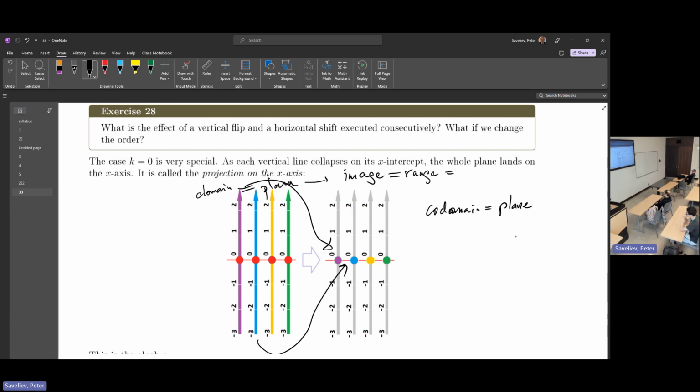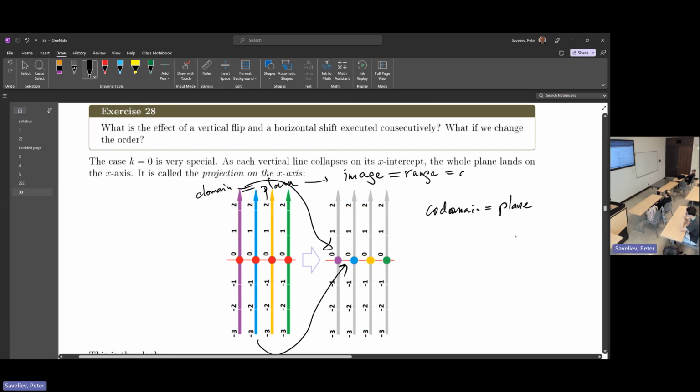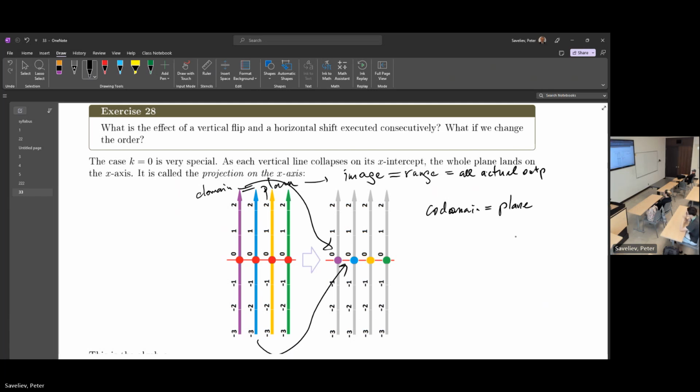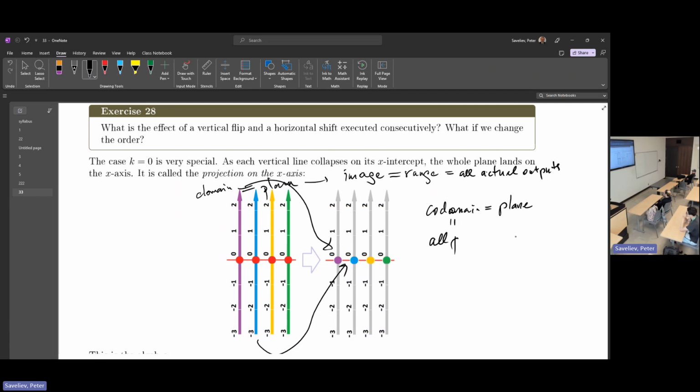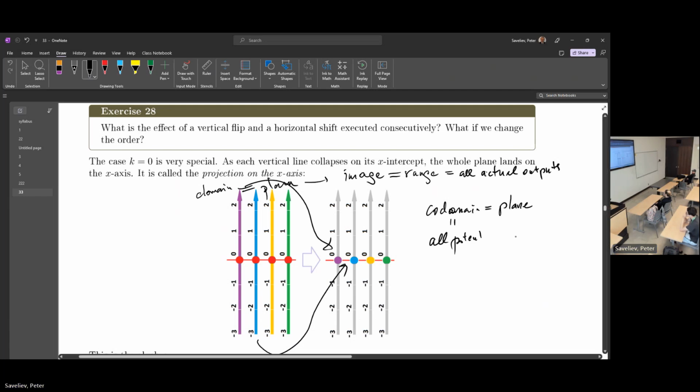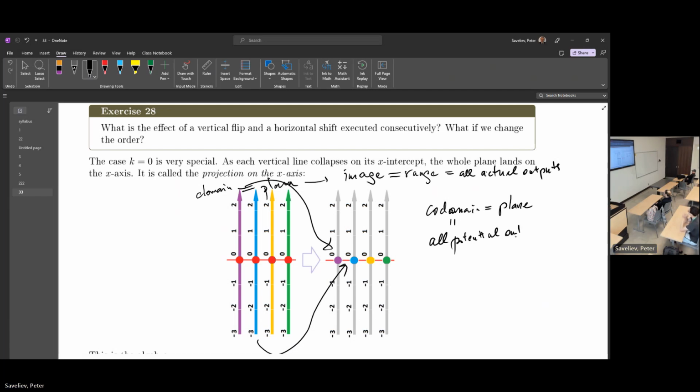So the range is all actual, not potential, outputs. A codomain is all potential possible outputs, and this is the actual outputs. As you can see, in green, these are potential outputs.